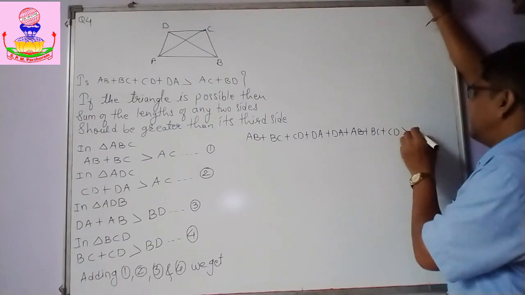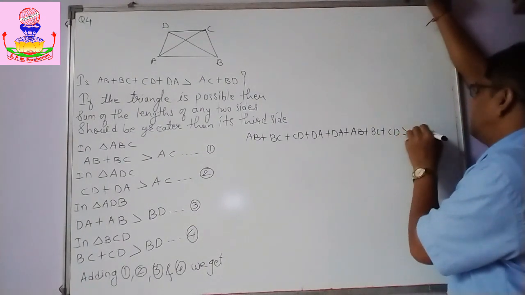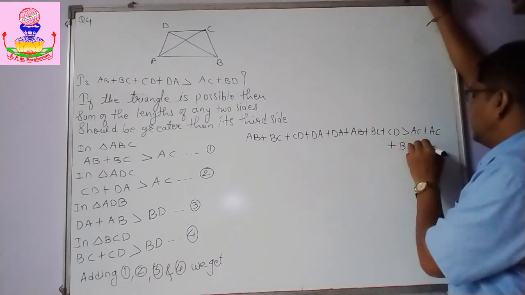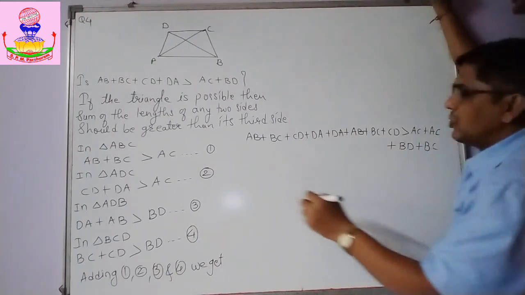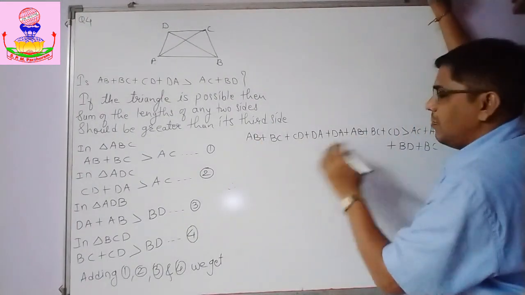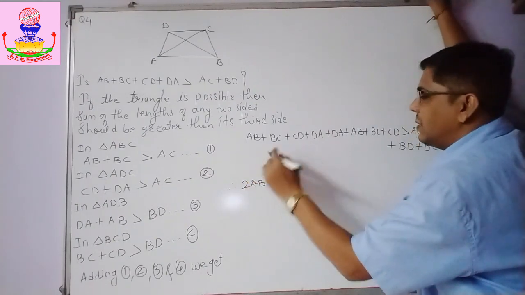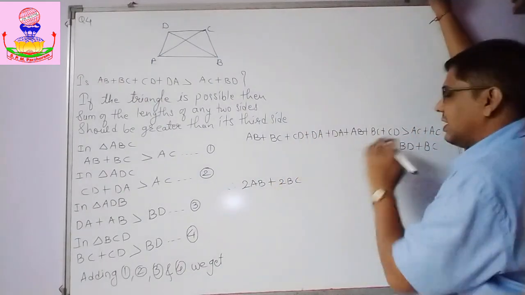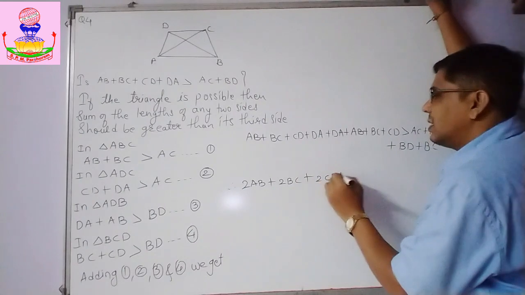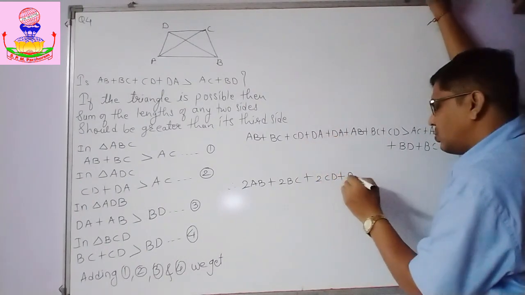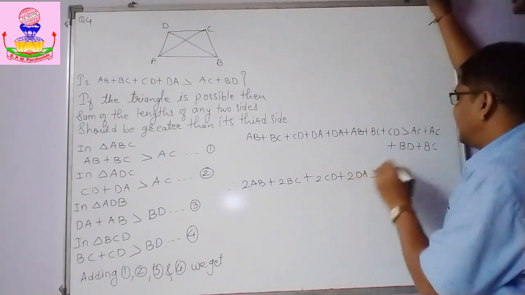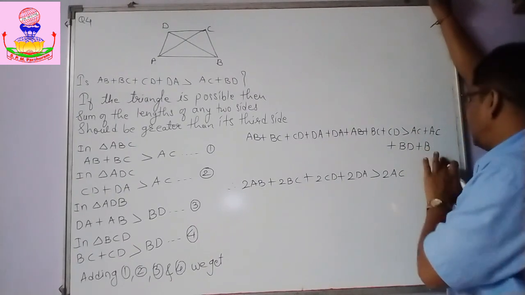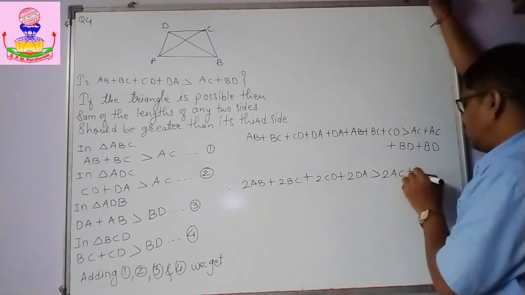So that is greater than AC plus BD plus BD. Now, so therefore, see here, 2AB plus 2BC plus 2CD plus 2DA is greater than AC plus 2AC, and here BD plus BD, 2BD.